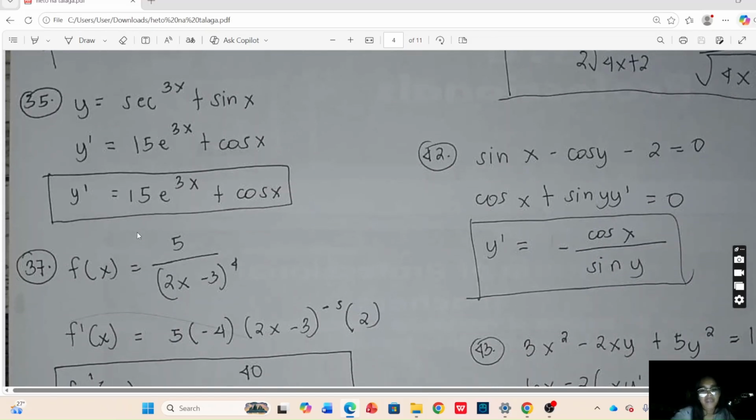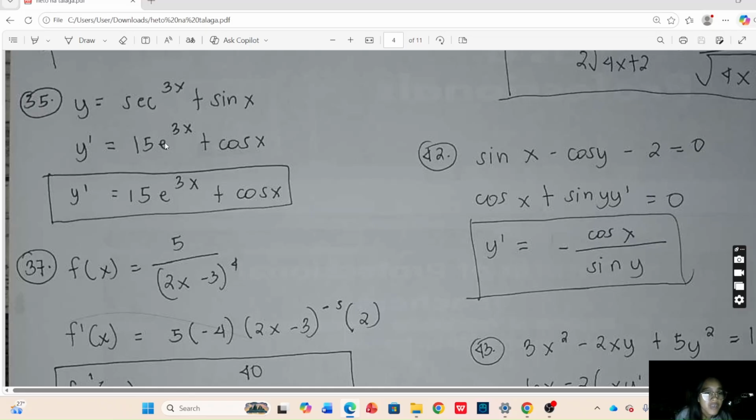Let's have number 35. We have the function y is equal to e raised to 3x plus sine x. So we have to differentiate term by term.